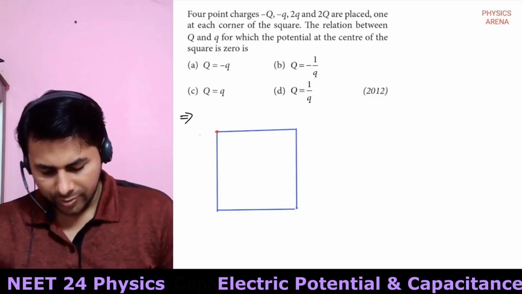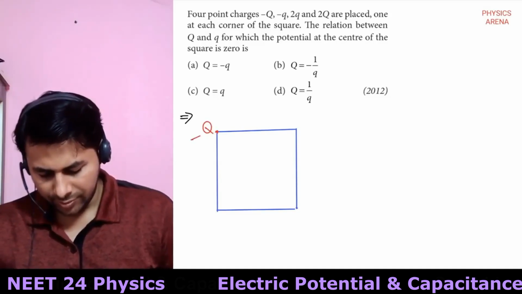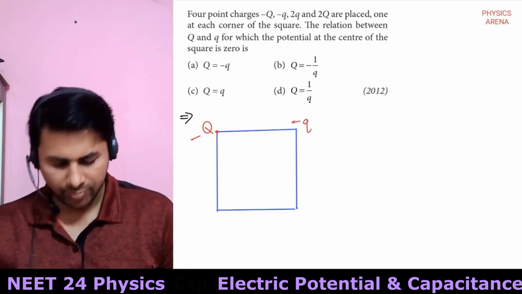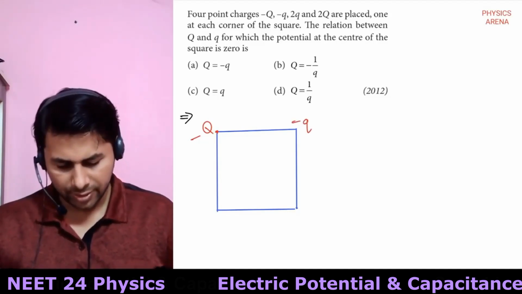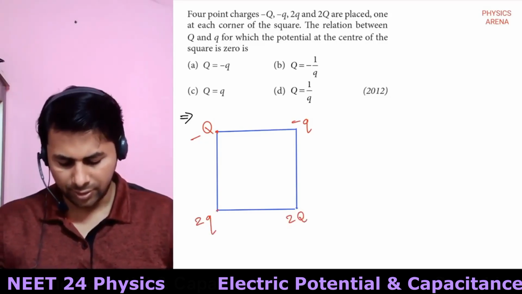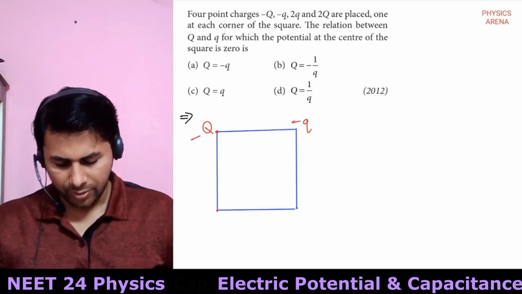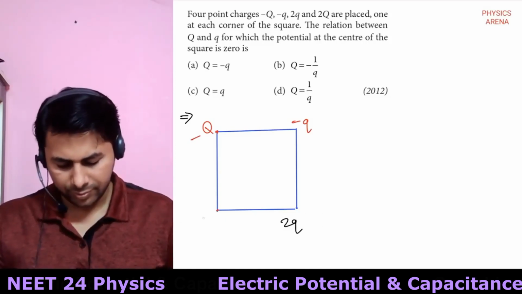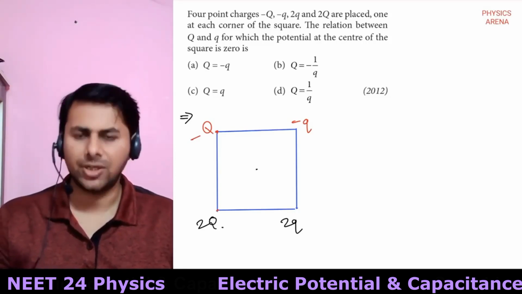All right, so this one charge is minus Q. After that, you have minus small q, then 2q and 2q. Okay, maybe 2q here and 2q. And at center, the potential is 0.